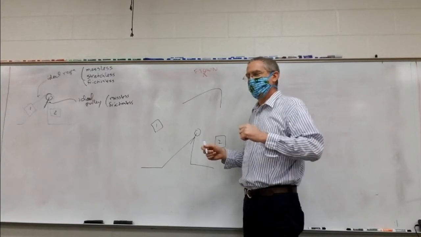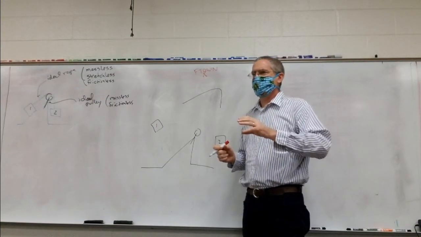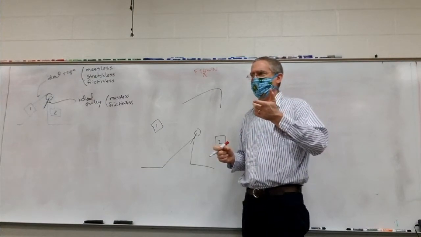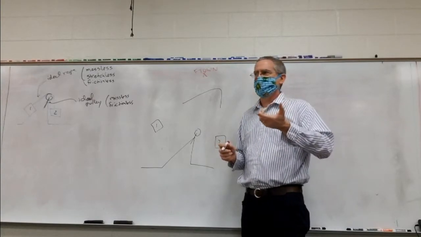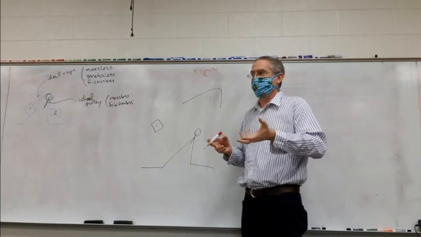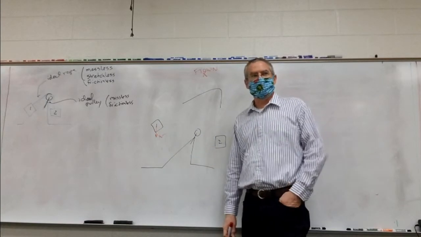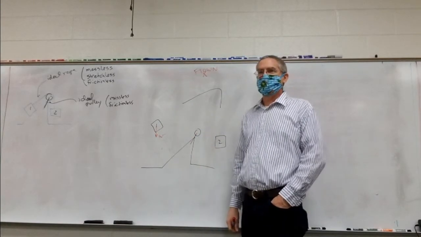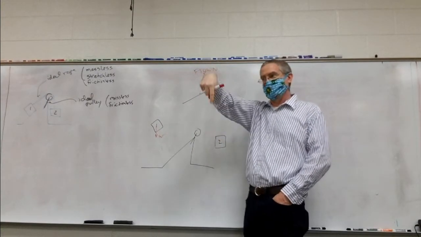Sorry, we're doing weight, aren't we? Which way does weight act on objects? Down. Yep, down is actually defined by the way the weight acts. Weight is straight down. Doesn't matter what else, if the ramp disappeared, that still exists and is acting straight down.